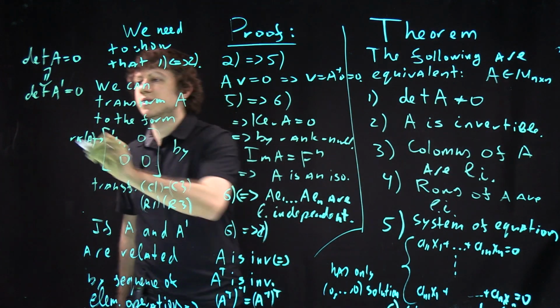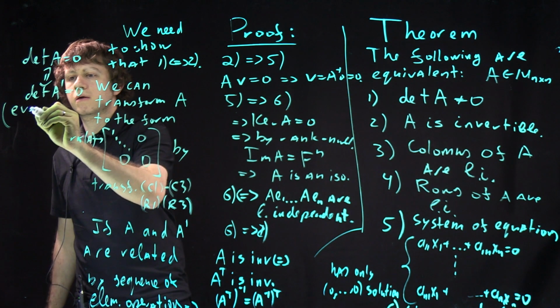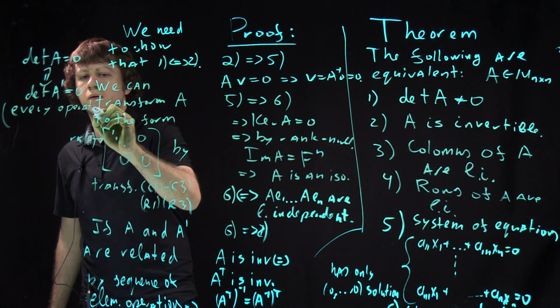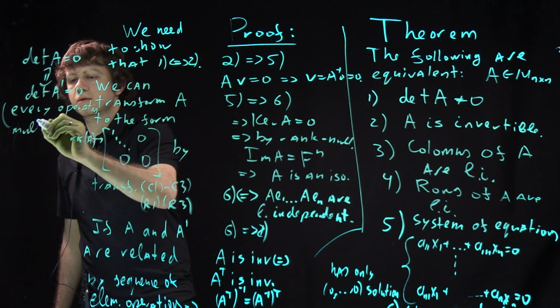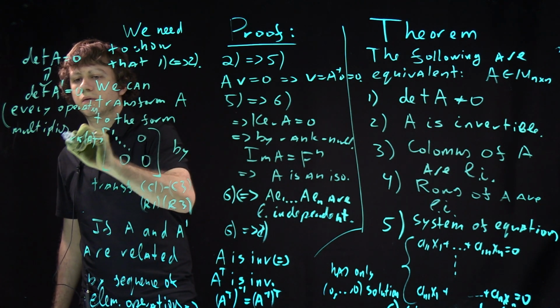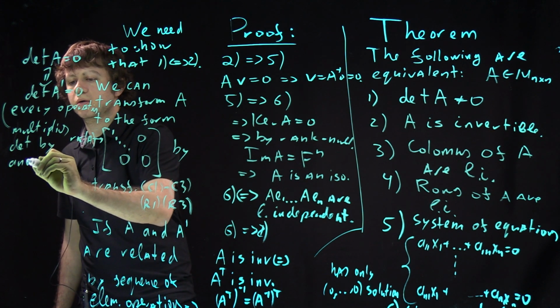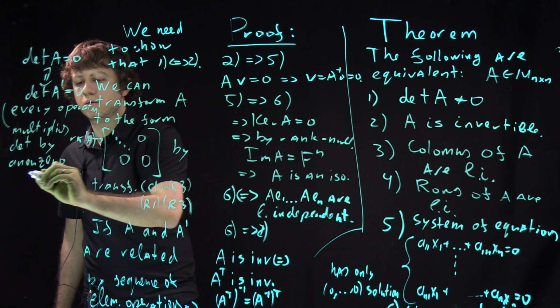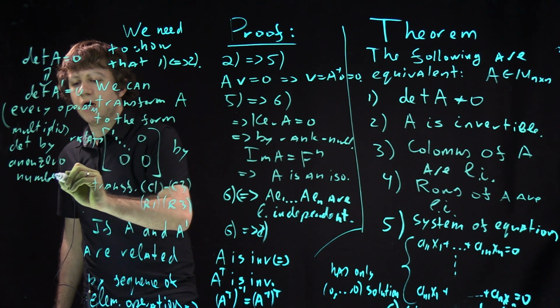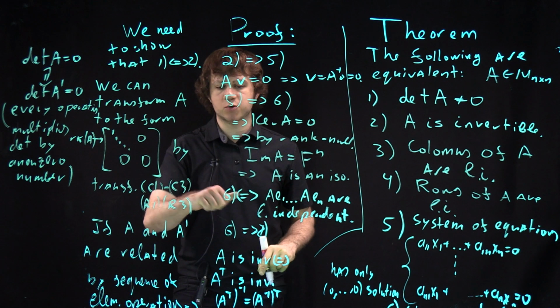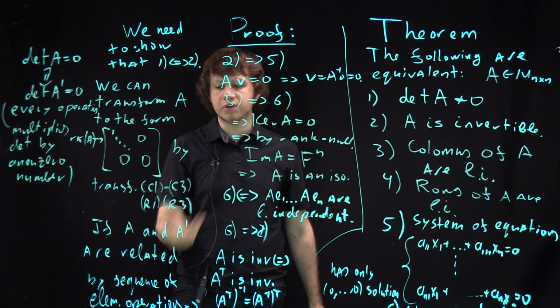The reason is that every operation multiplies the determinant by a non-zero number. Remember, operations 1 and 2 multiply by -1 and lambda, and operation 3 doesn't change it.